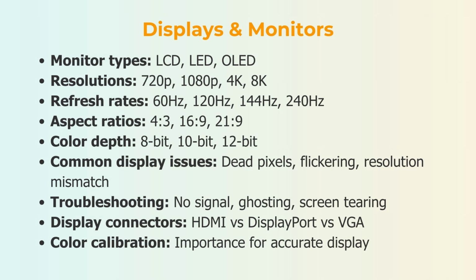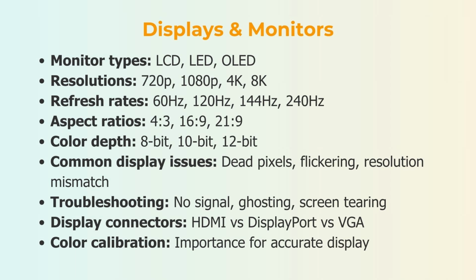You will also need to understand refresh rates, like 60 Hz, 120 Hz, and 144 Hz, which determine how many times per second the screen refreshes. A higher refresh rate is better for fast-moving content like games or videos. Aspect ratios like 16:9 widescreen or 21:9 ultra-wide describe the shape of the display.